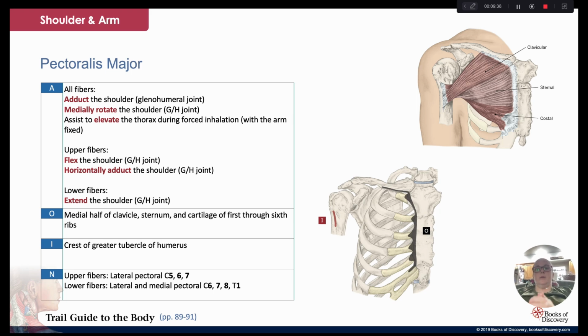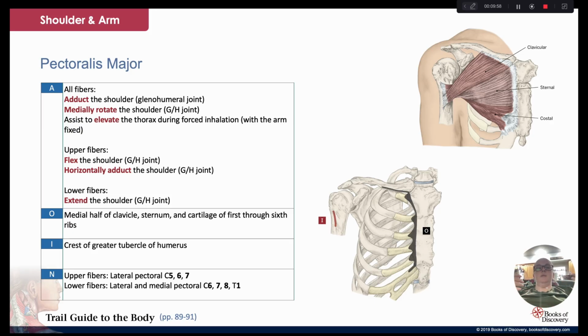So that's going to bring it closer to the body, right? Add it back into the main part of the body. It's also going to internally rotate your shoulder, so it's going to rotate it in and assist in elevation during another forced inhalation.